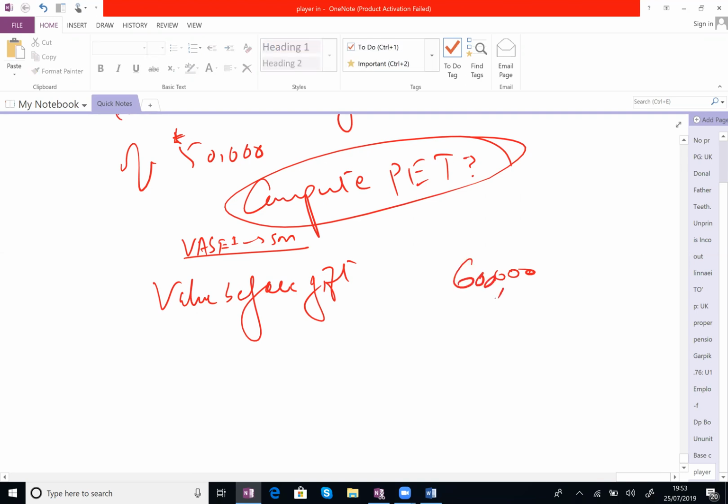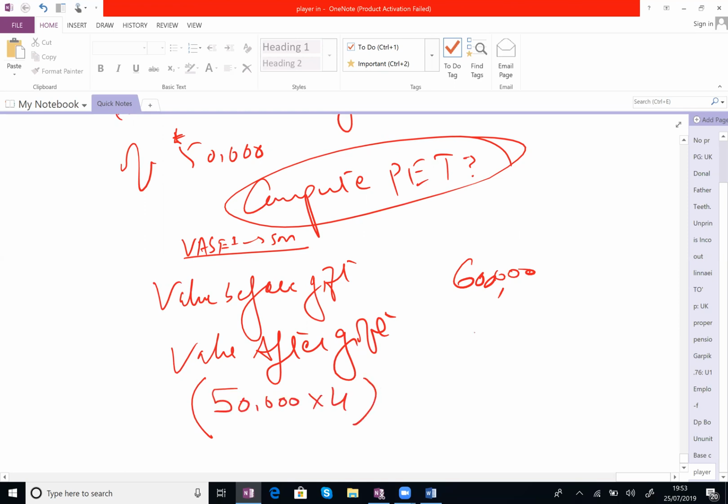Now you gift vase number 1. So how many vases are left after the gift? 4. One vase has a value of 50,000. So 4 have a value of 2 lakhs.